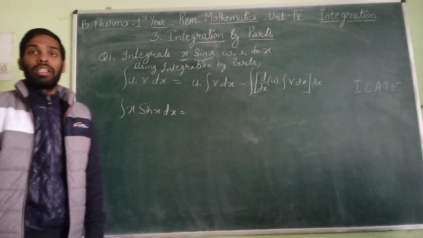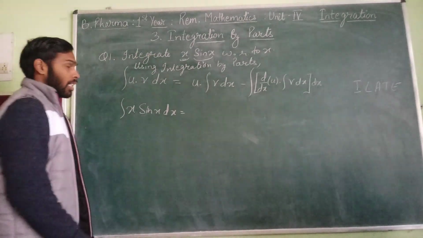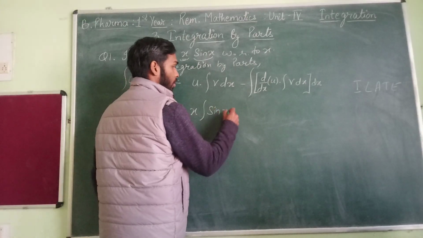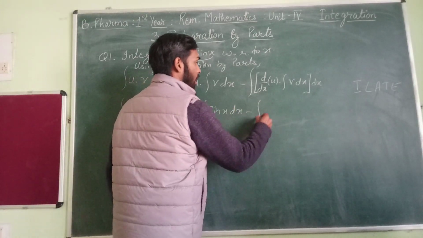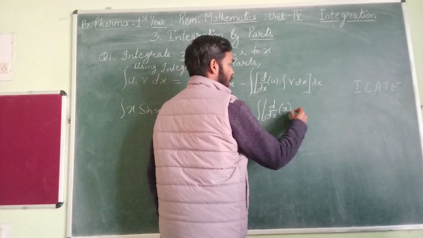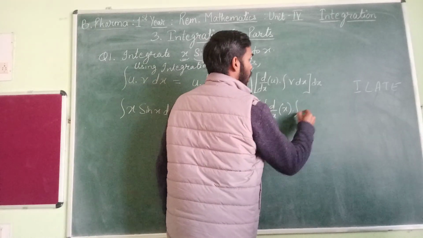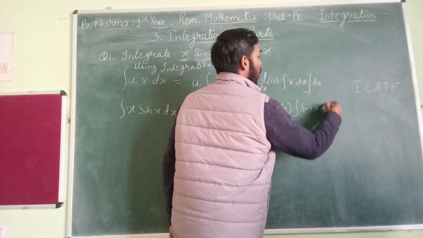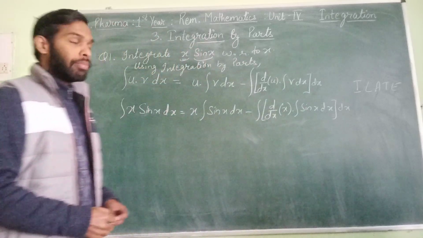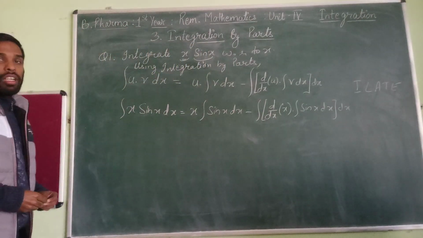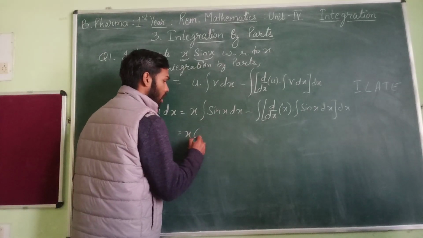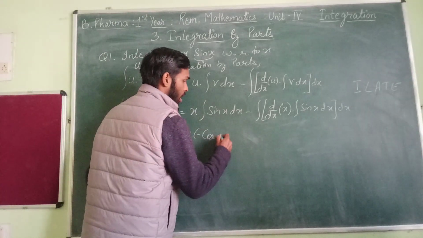So that is x as it is, integral of sin x, minus integral of differentiation of x into integral of sin x. You have to put the values of u and v into the given formula of integration by parts. Now x as it is, integration of sin x is minus cos x.